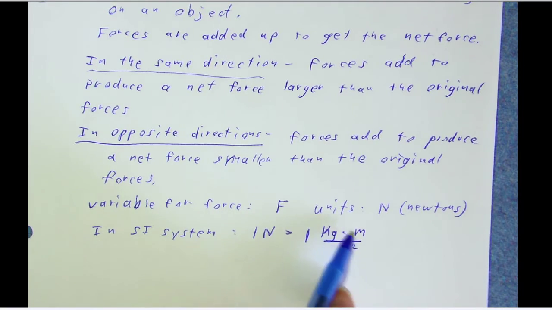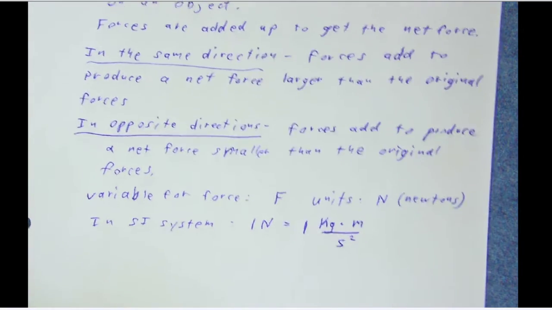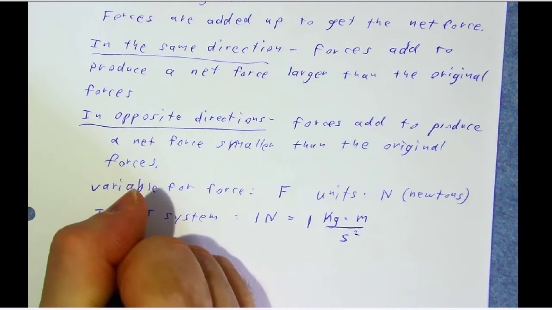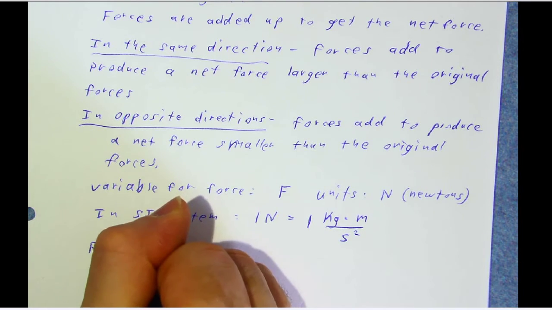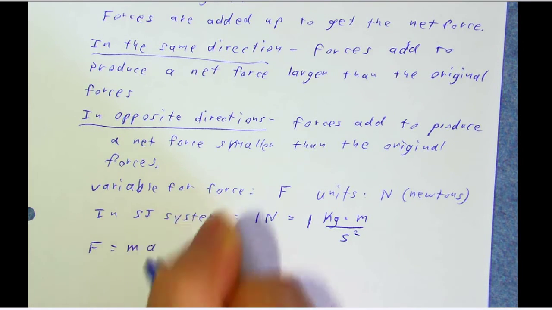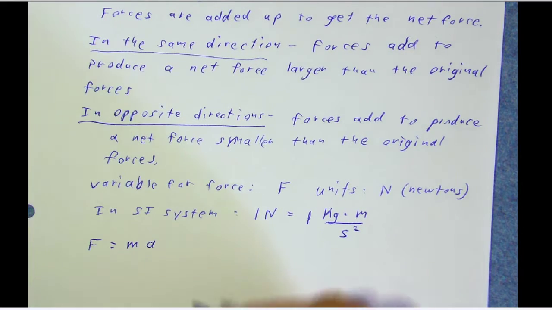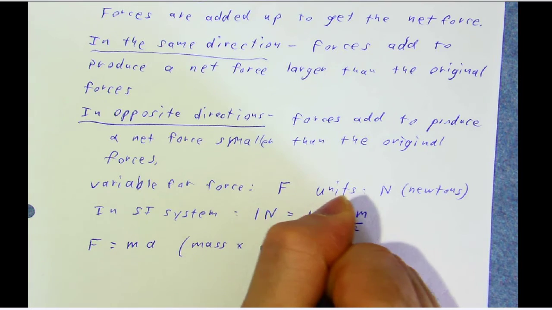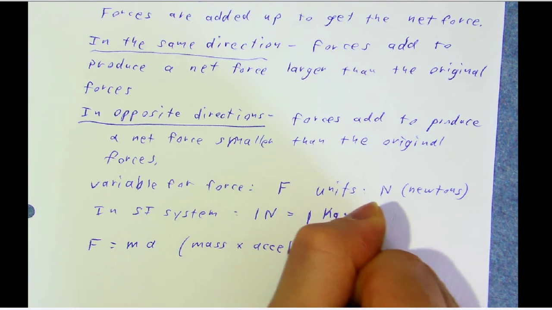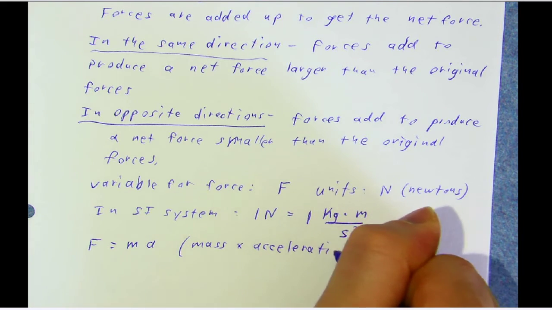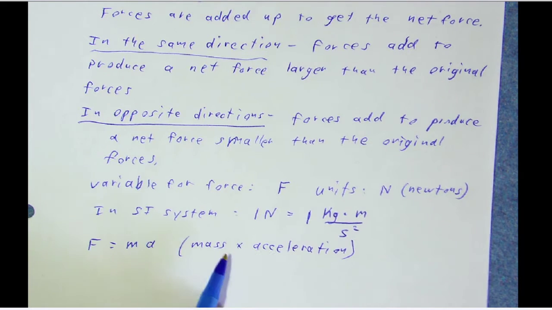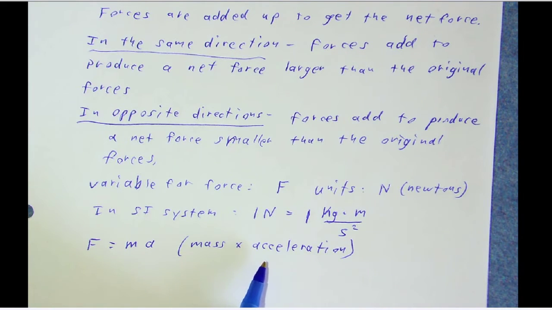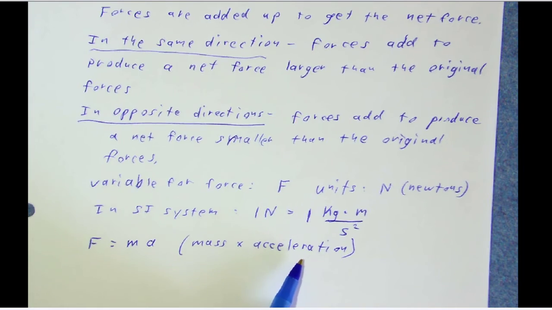So these are the base units, and you'll see how those come about. In fact, the equation for force is just mass times acceleration, right? Let me write this in here, mass times acceleration. So that's where kilograms times meter per second squared comes from, right?